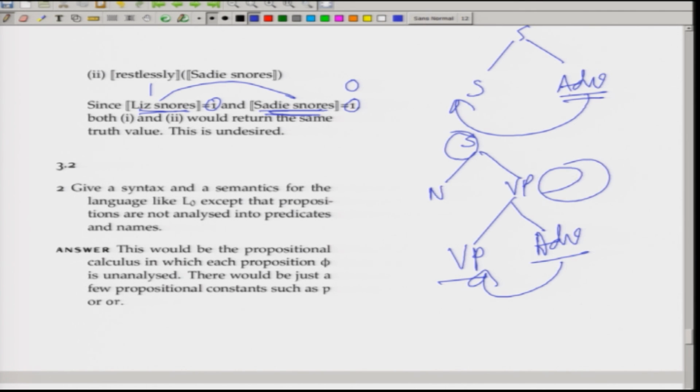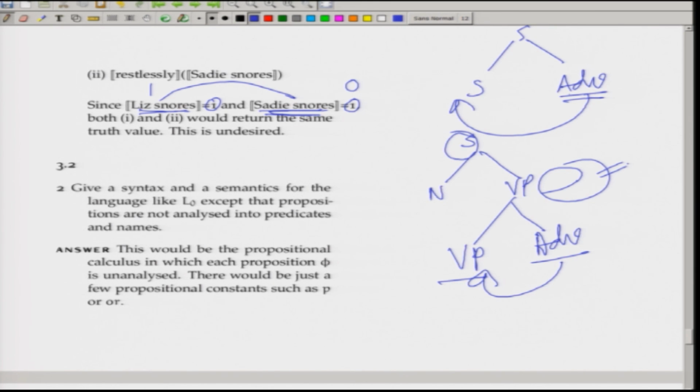Now, this VP thing, like we have seen in the case of Hank snores restlessly and Sadie snores restlessly. We have already seen that it will give us the desired result. So, we are not repeating that.